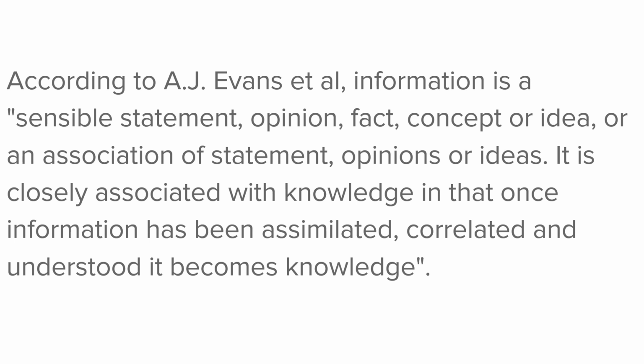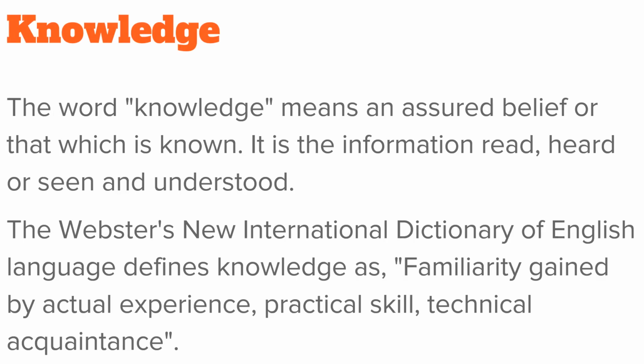I told you how data becomes information. Now I tell you how information becomes knowledge. Only when it has been assimilated, correlated, and understood does it become knowledge. If we are not able to understand information, how can it become knowledge? We will discard it. We will avoid it. That is the fact that we have to understand here.